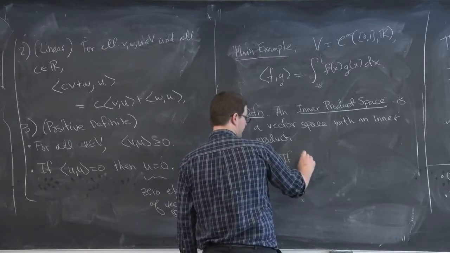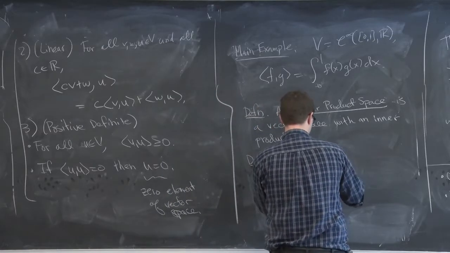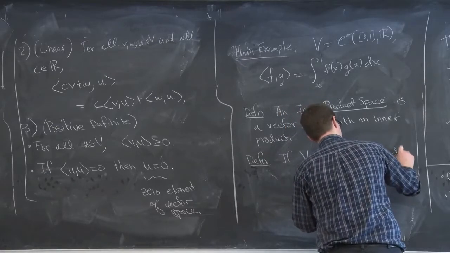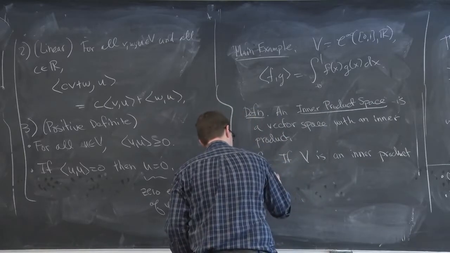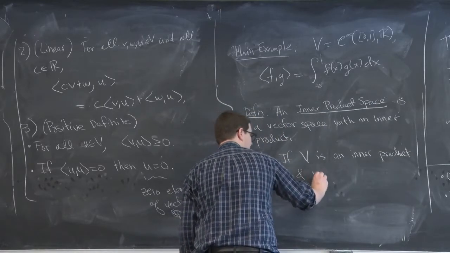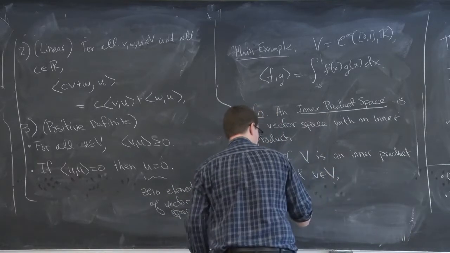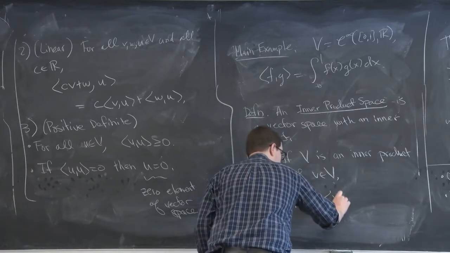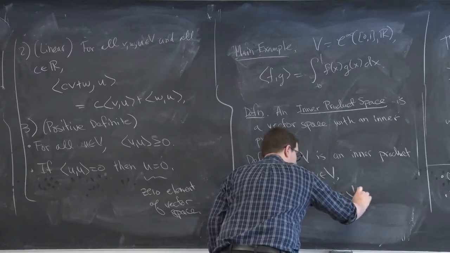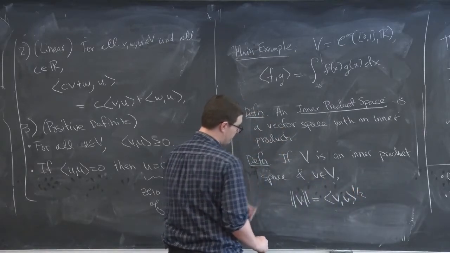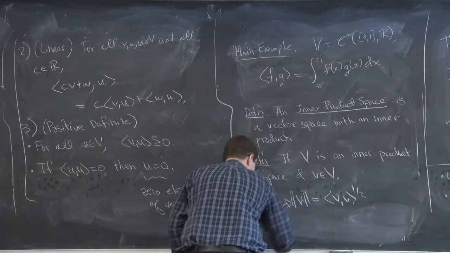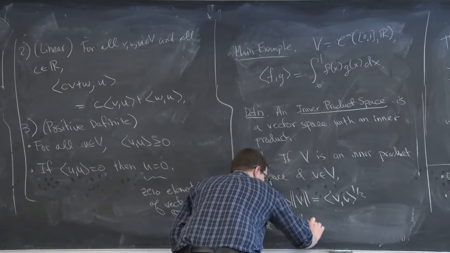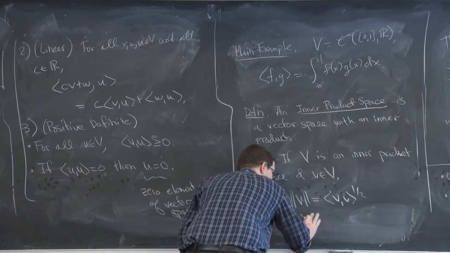If V is an inner product space and v is an element of V, then the square root of the inner product of v with itself is called the norm of v, or sometimes people call that the absolute value.